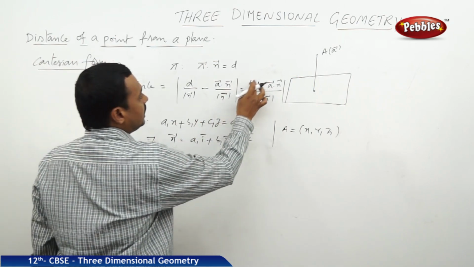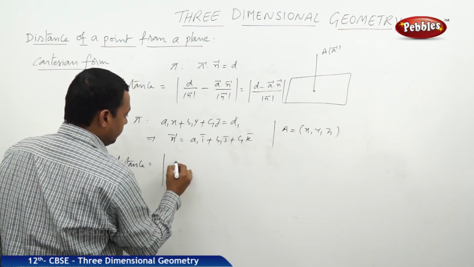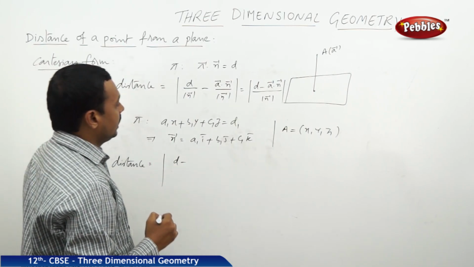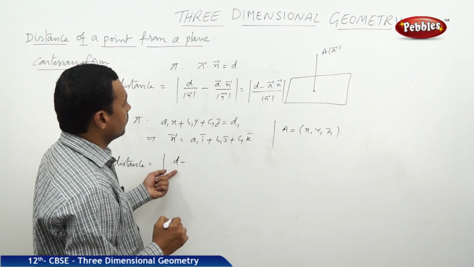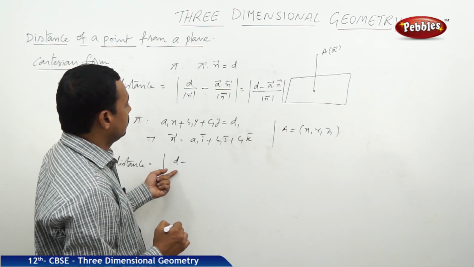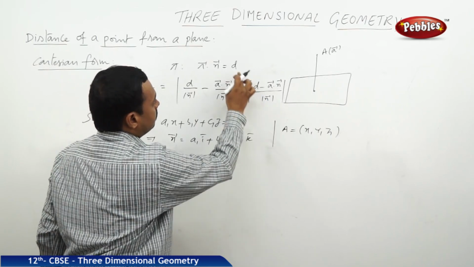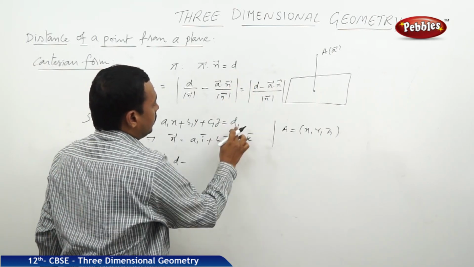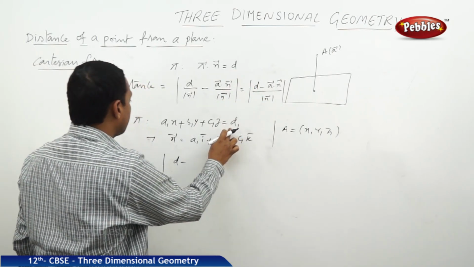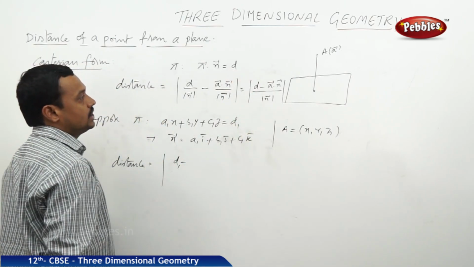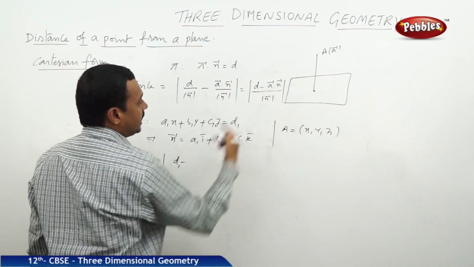Now what is D here? D means nothing but D1 here. In this Cartesian equation, D is D1. So that D is equal to D1 minus A dot n.